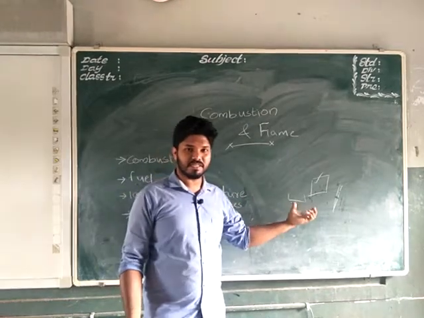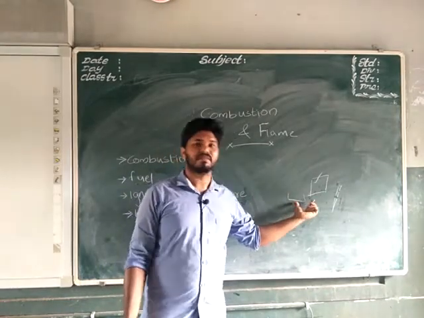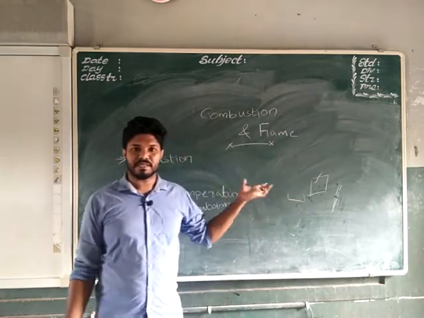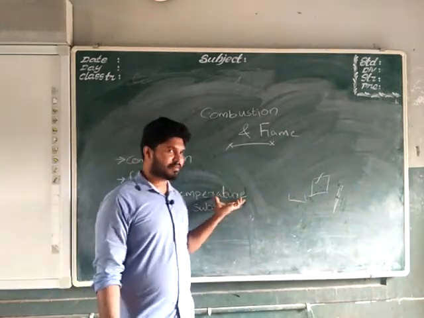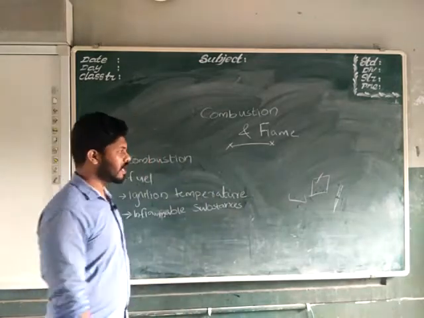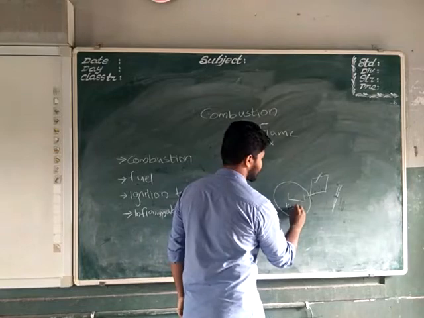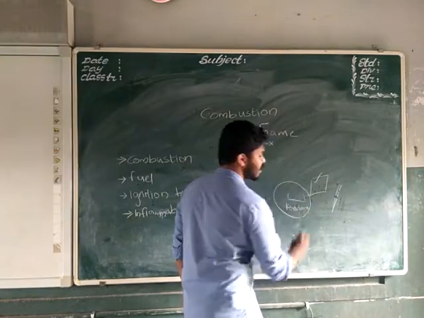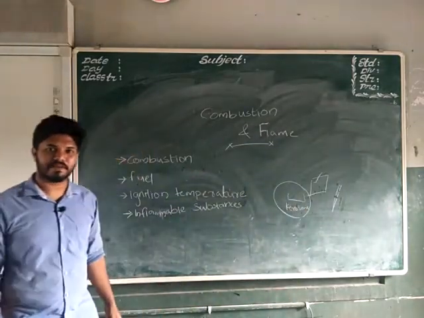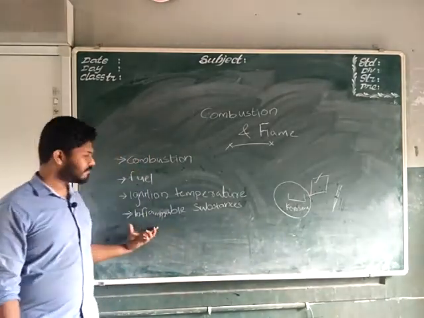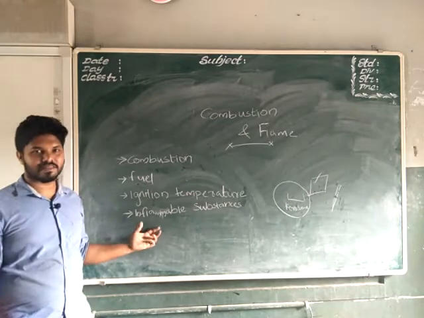The minimum temperature needed for an object to undergo combustion is called ignition temperature. Some objects have very low ignition temperature, for example kerosene, diesel or petrol, and they are called inflammable substances. What are they called?